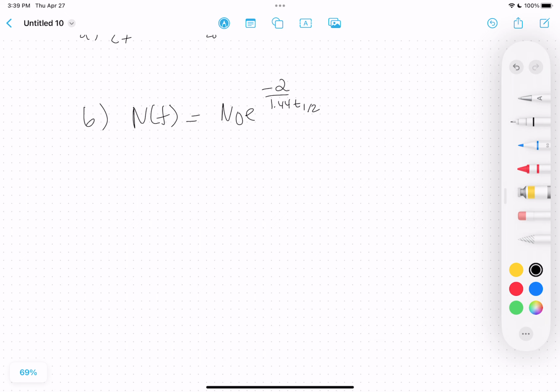So basically, N_t and N_0 would just be there. Well, N_t is what we're trying to figure out first, which is how much is left over that hasn't decayed. So what would be my N_0?